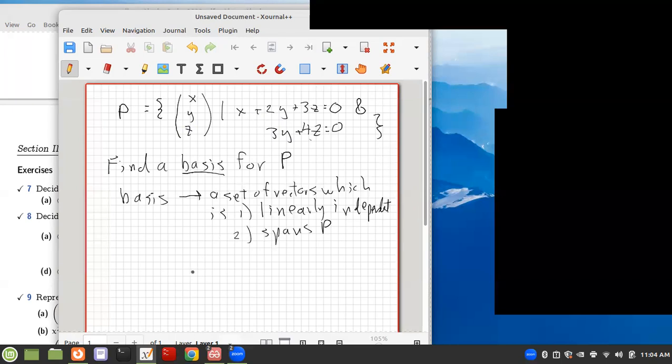Okay, well, let's try that and see. So here's our linear system. And let me see.